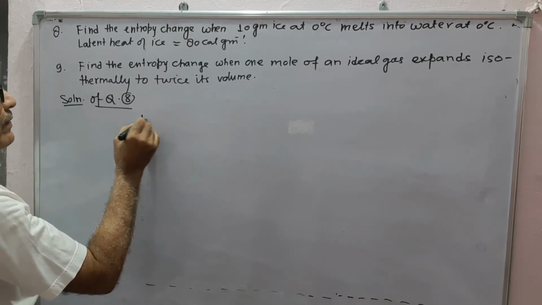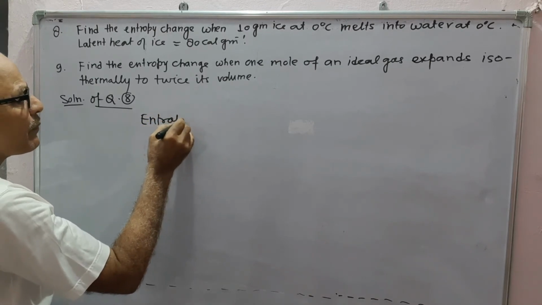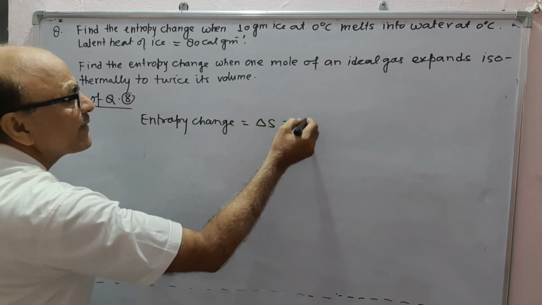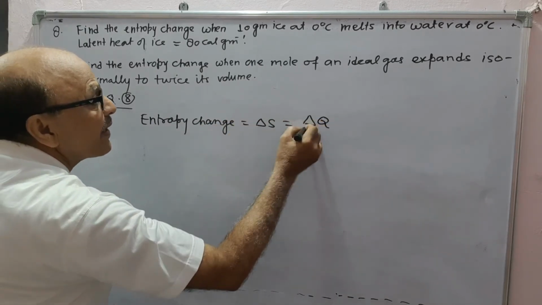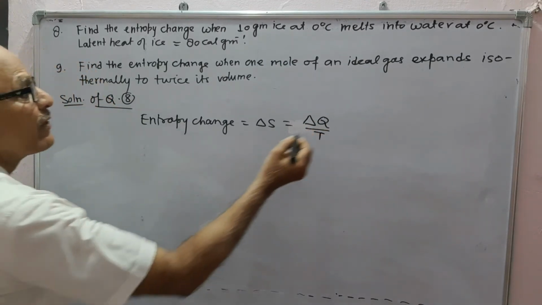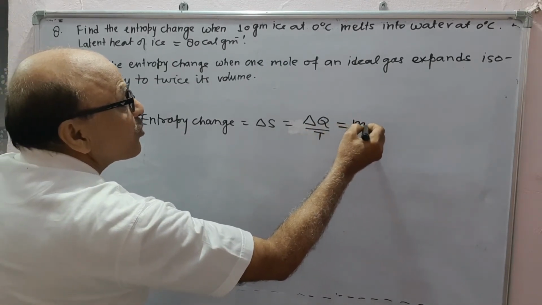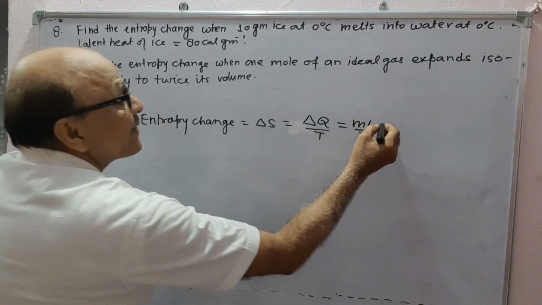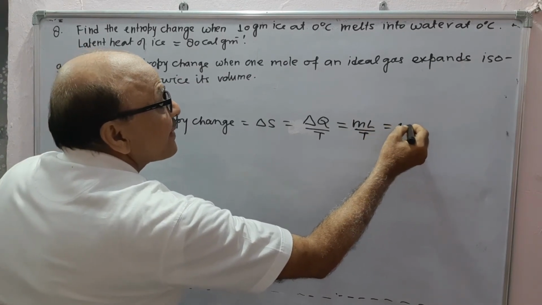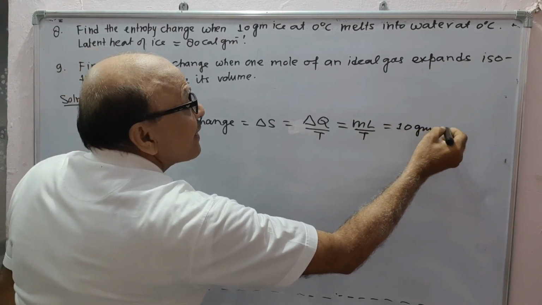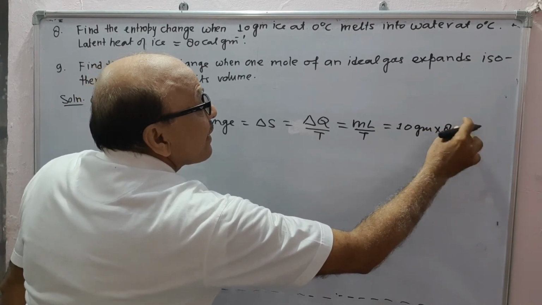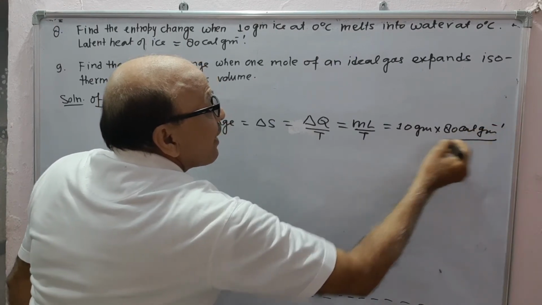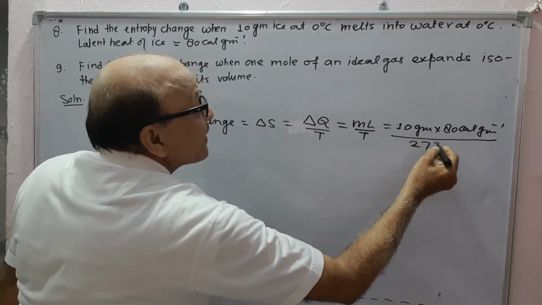Entropy change is delta S, which is heat change upon constant temperature in Kelvin. So, heat change is M into L and this is T. M is 10 gram and L is 80 calorie per gram upon temperature 273 Kelvin.